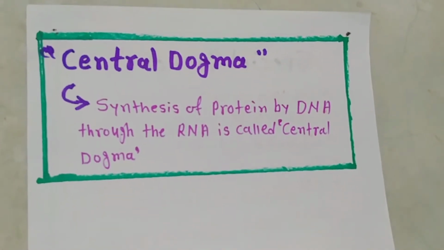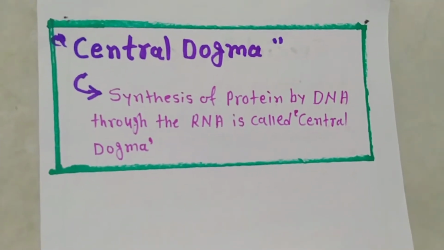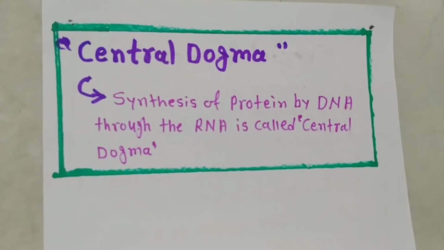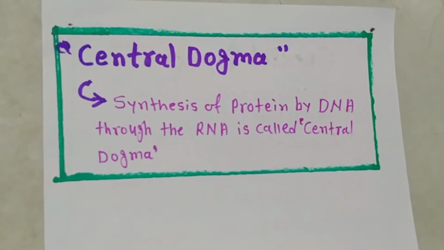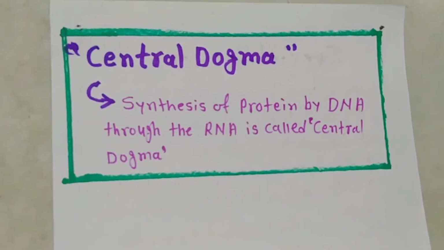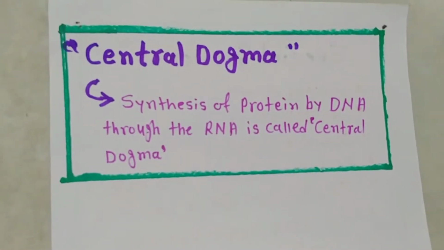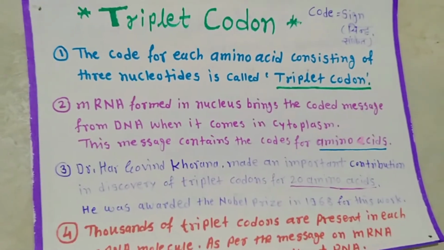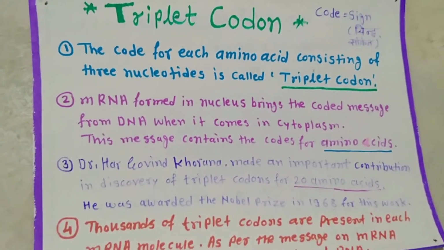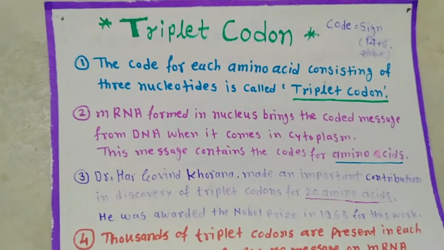How many amino acids are present? There are 20 amino acids present, and these 20 amino acids make the synthesis of thousands of protein molecules. You may watch in the videos how to synthesize the protein molecule. The important thing is the triplet codon.